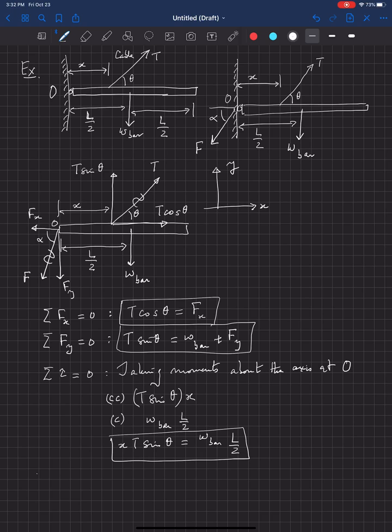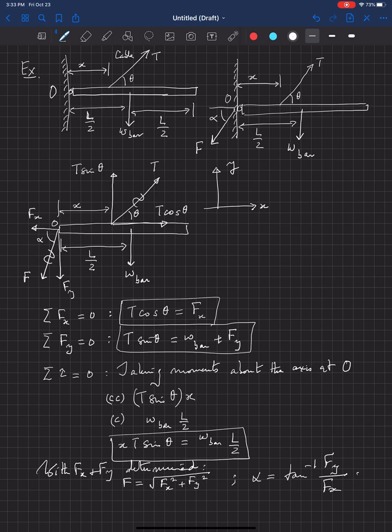And then with Fx and Fy determined, okay, I have the magnitude of F is the square root of Fx squared plus Fy squared, and alpha is equal to arctan of Fy over Fx.